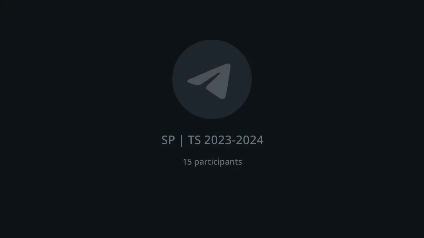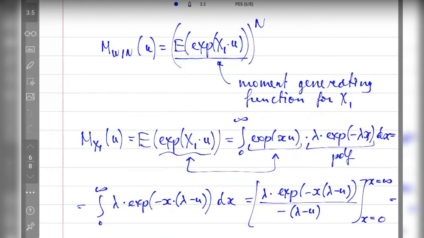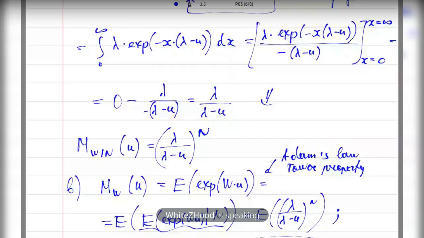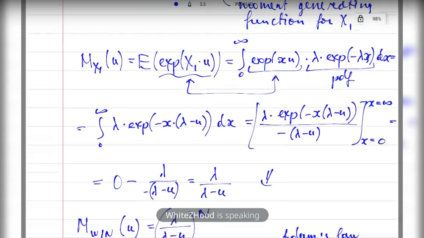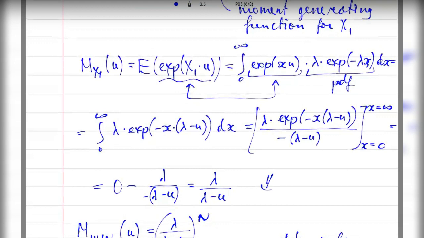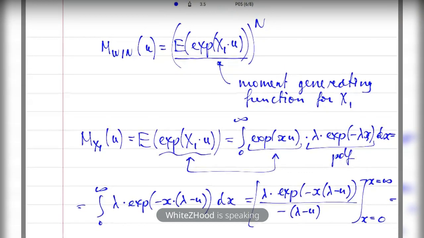Okay, I have more of a question about notation. Do I understand correctly, when we have written this moment generating function, the notation which was used was W-i-n? No, it's W conditional.